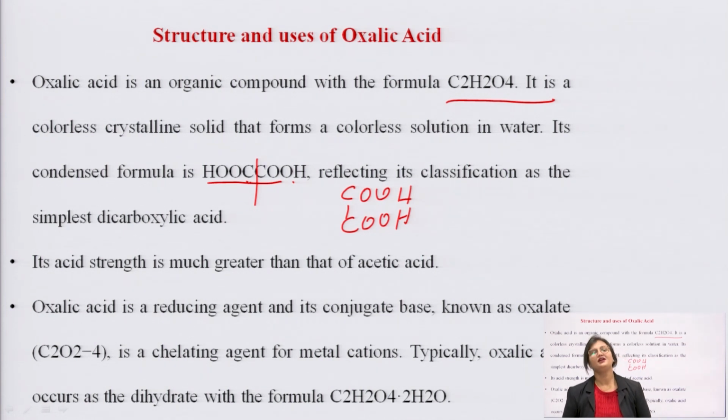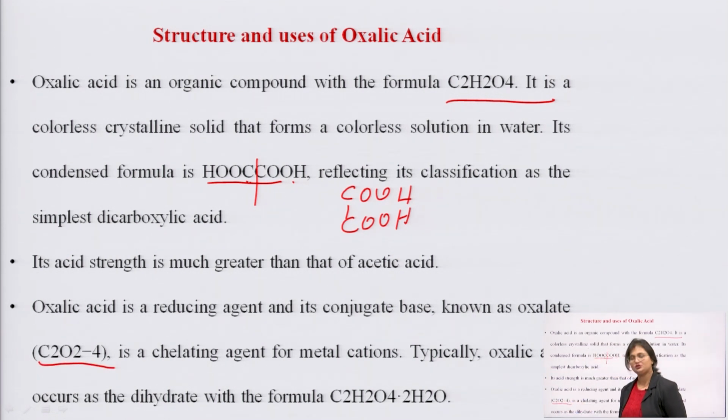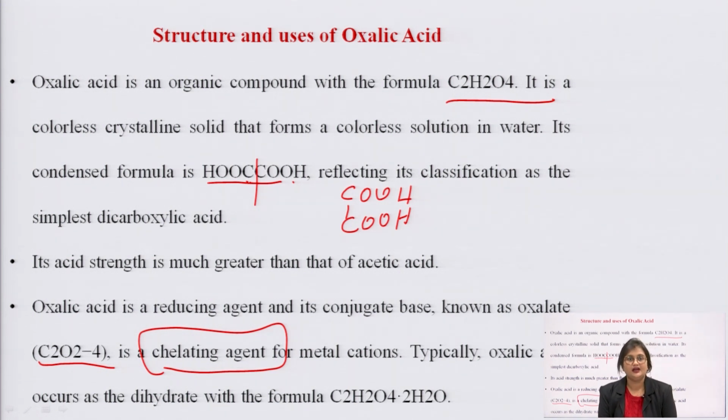Its conjugate base is known as oxalate, which can be denoted by C2O4 2-. Oxalic acid is a chelating agent for metal cations.